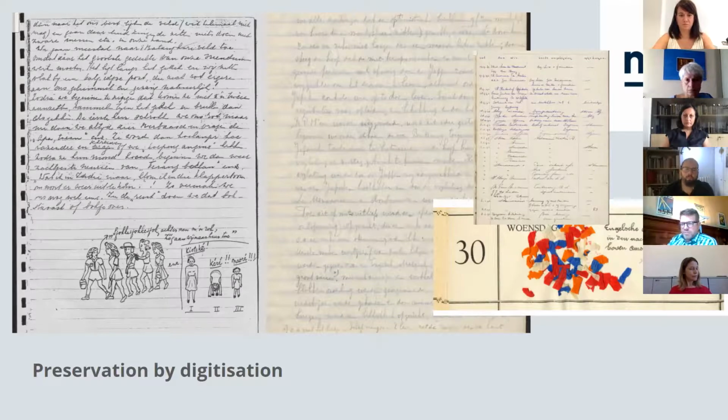This is not mainly for access, but specifically for preservation. And that means that the documents themselves cannot be accessed anymore, but the digital documents can. This is, of course, something that the government is also subsidizing us to do, and we do this in collaboration with many other institutes.